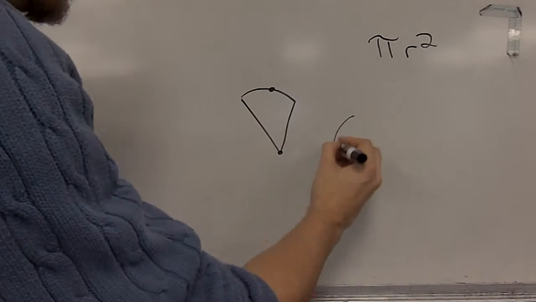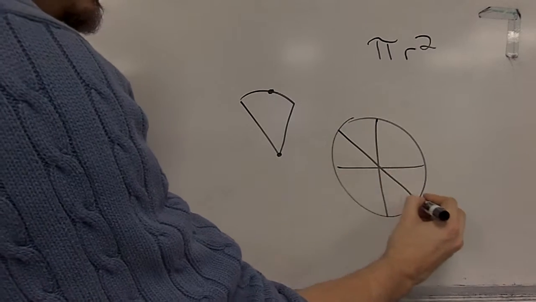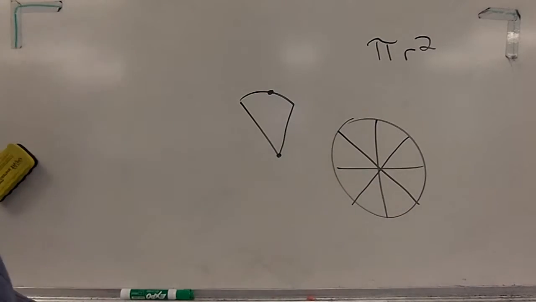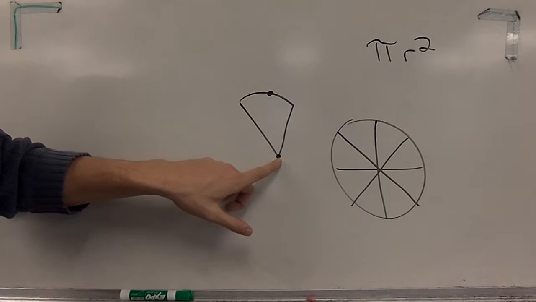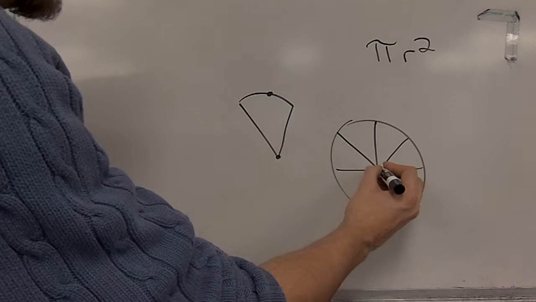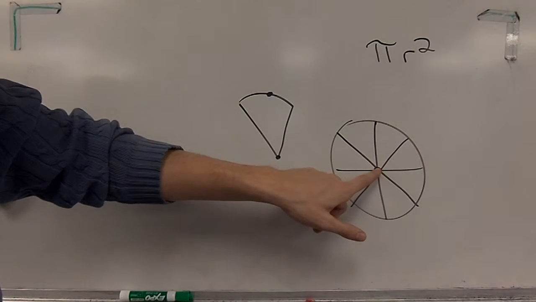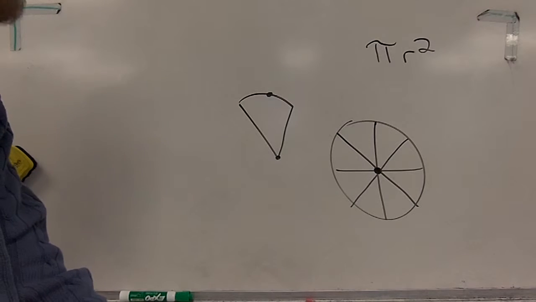Now, if you remember correctly, when we were cutting our circle, you take a look at these 8 pieces. I can draw any line I want from the center point of this circle, go to the outside of the circle, and that line represents the radius of the circle.